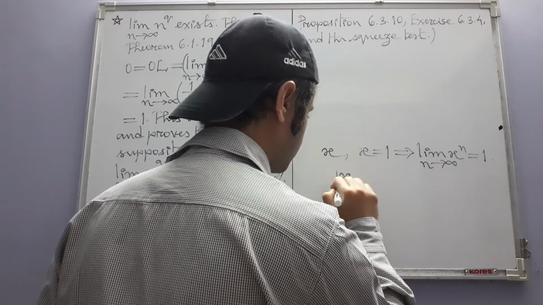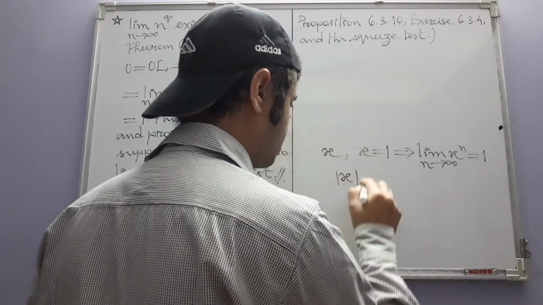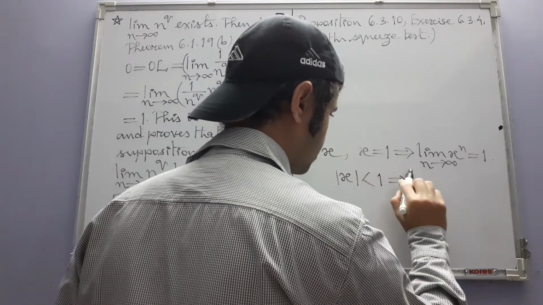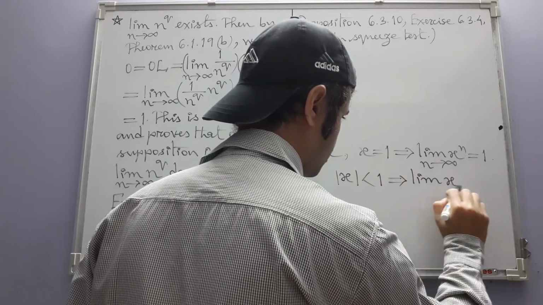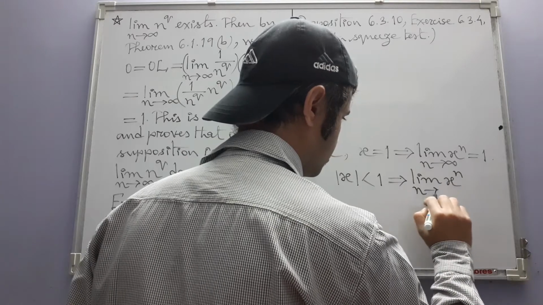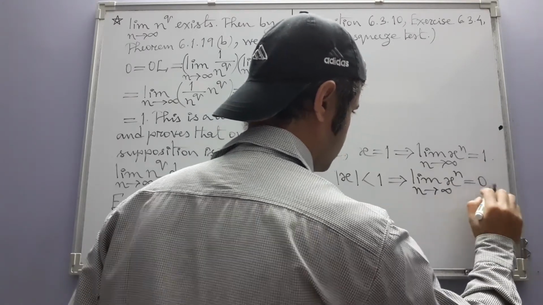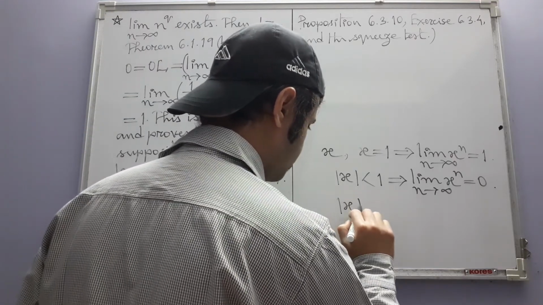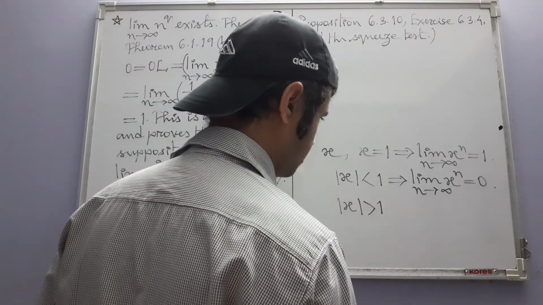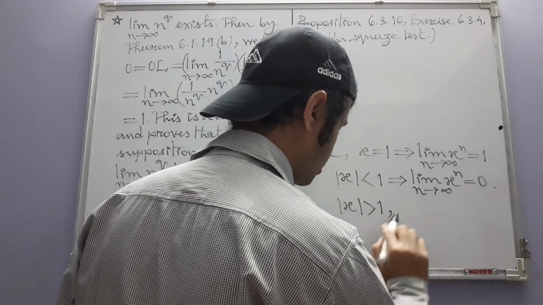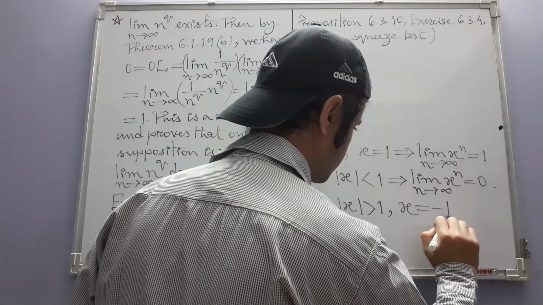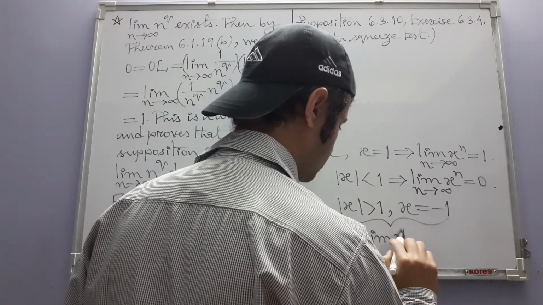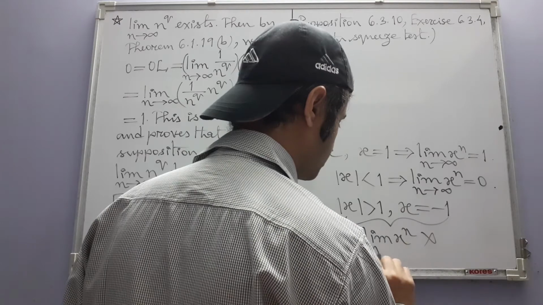If the absolute value of X is less than 1, then this limit is 0. If absolute value of X is greater than 1 or X is equal to -1, then this limit does not exist.